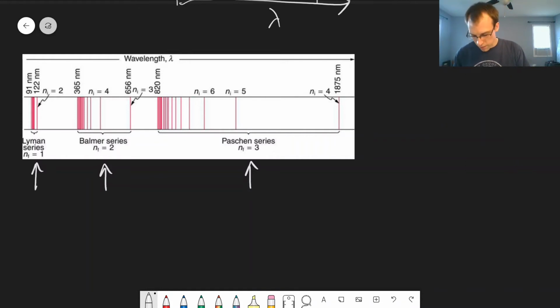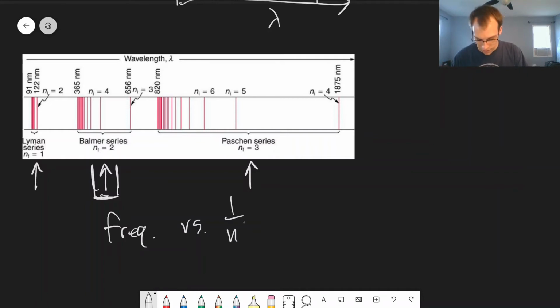The first set of lines that was explained was the set of visible lines, the Balmer series. Balmer was, I believe, a school teacher, not necessarily a specifically trained physicist, who got interested in this and figured out that if you plot the frequency of light versus 1 over n squared, with n being 3, 4, 5, etc., you get a linear plot.